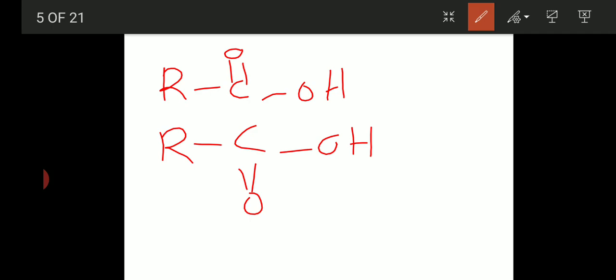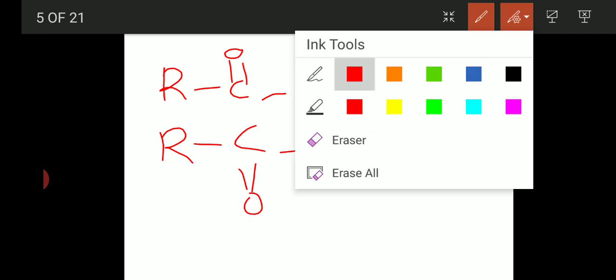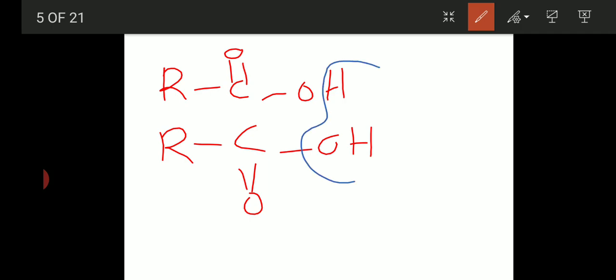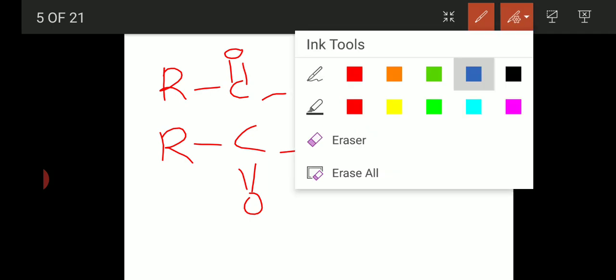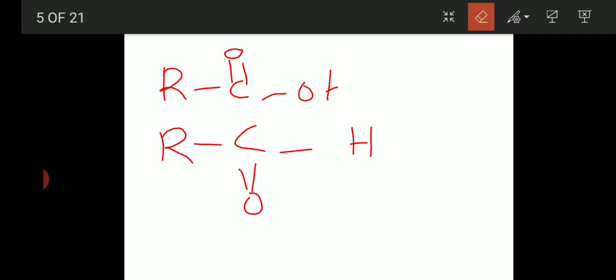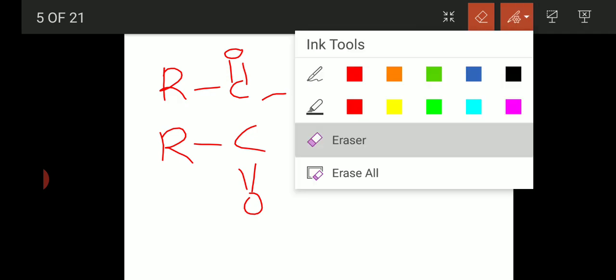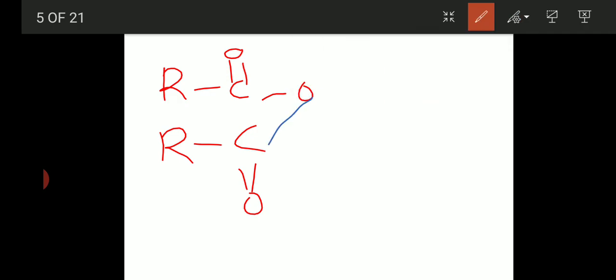Now anhydride means removal of water. Can you see a water molecule in these two? Yes, H2O. Now remove water from this and join these two. What will we get? Join these two, that is RCOO, COR. Stretch this like this.